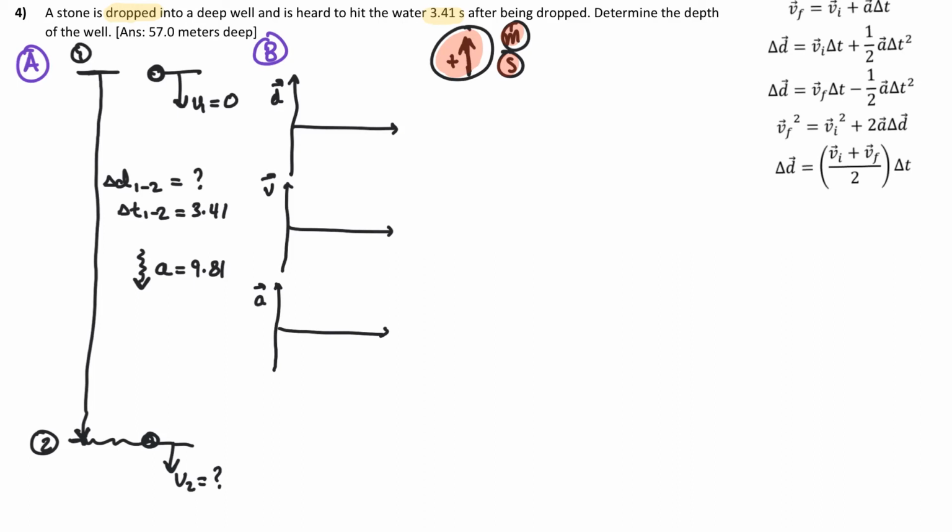So let's do this, starting with the velocity. Velocity initially is 0, so I'm going to plot that first. And then at the end, velocity is going downwards, meaning that it's opposite to my positive. Because it's moving downwards, it's going to be negative.